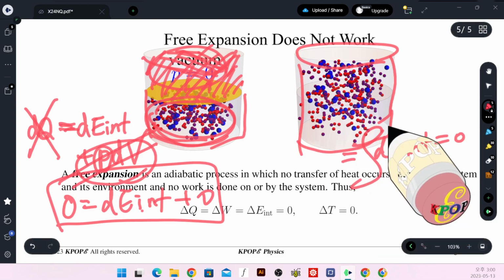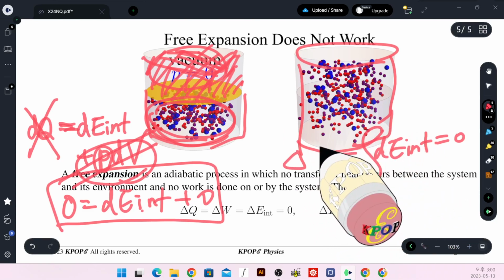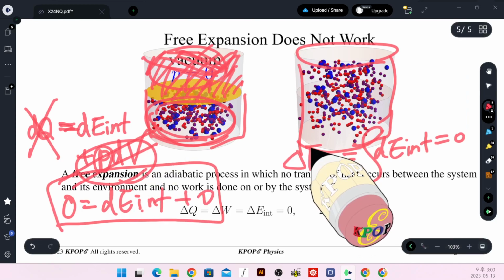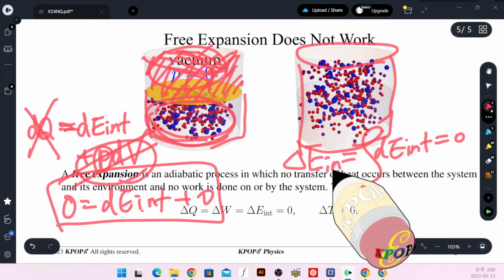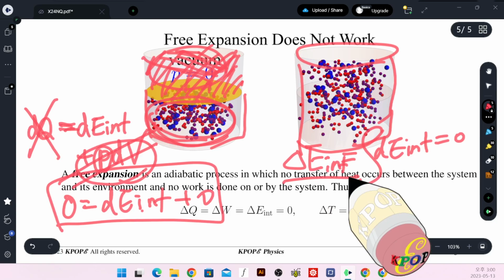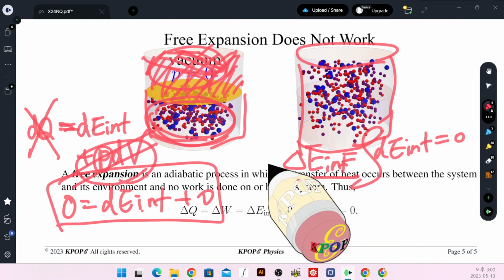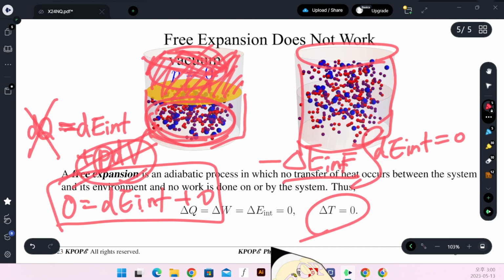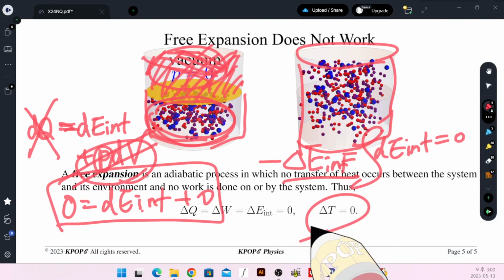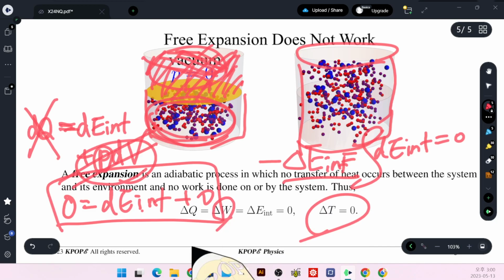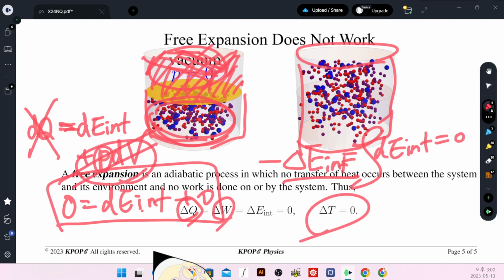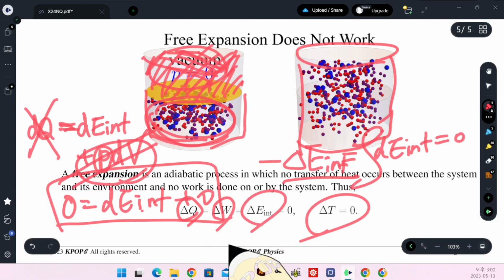If I integrate over the path of this state, the internal energy change is 0. Internal energy is represented by temperature multiplied by something. Therefore, the temperature is invariant. The gas does not work at all, the gas does not accept or lose heat, and the temperature of the gas is invariant. That's it. Thank you.